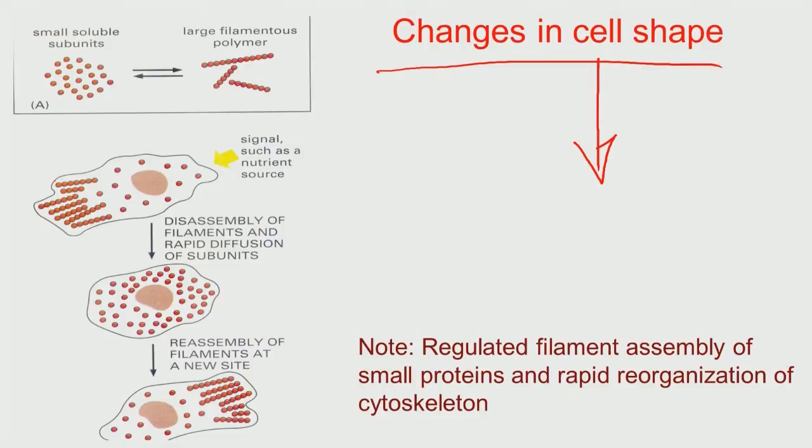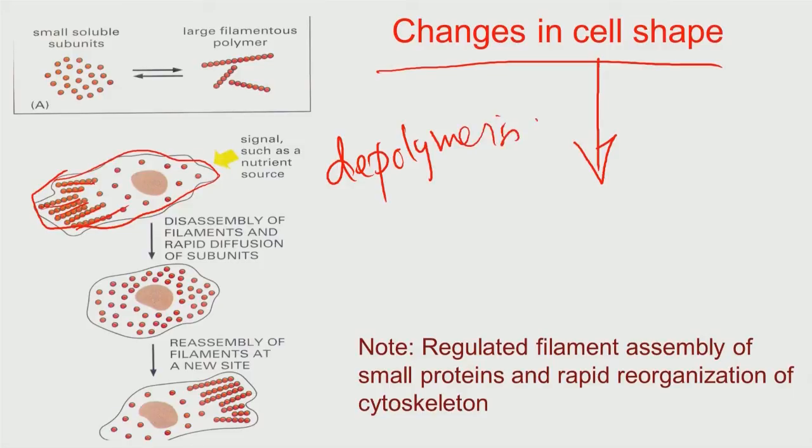Now, you have a cell here. Please follow me as I explain. So, these are the actin filaments in the cytoskeleton, which you have seen in more detail in the last few slides. Under certain circumstances, actin filaments have the unique characteristic that they can undergo a process called depolymerization.